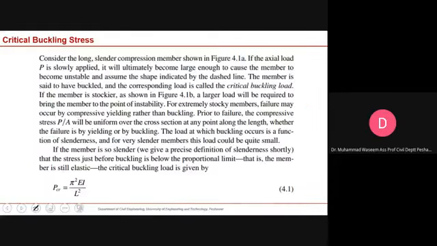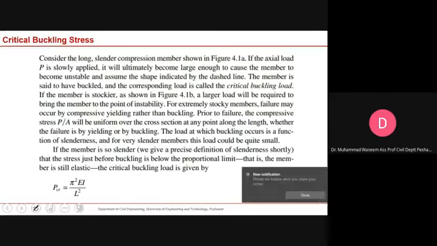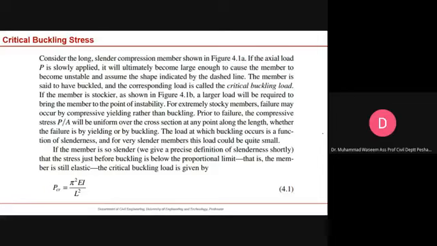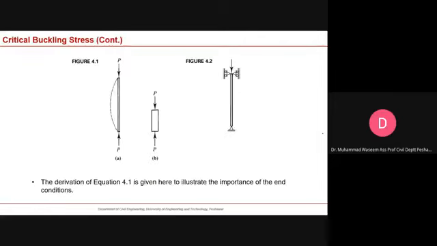Okay, now let's go through it. Now consider a long cylinder compression member shown in figure 4.4a. Consider a cylinder column. A cylinder column means this column will fail by buckling.